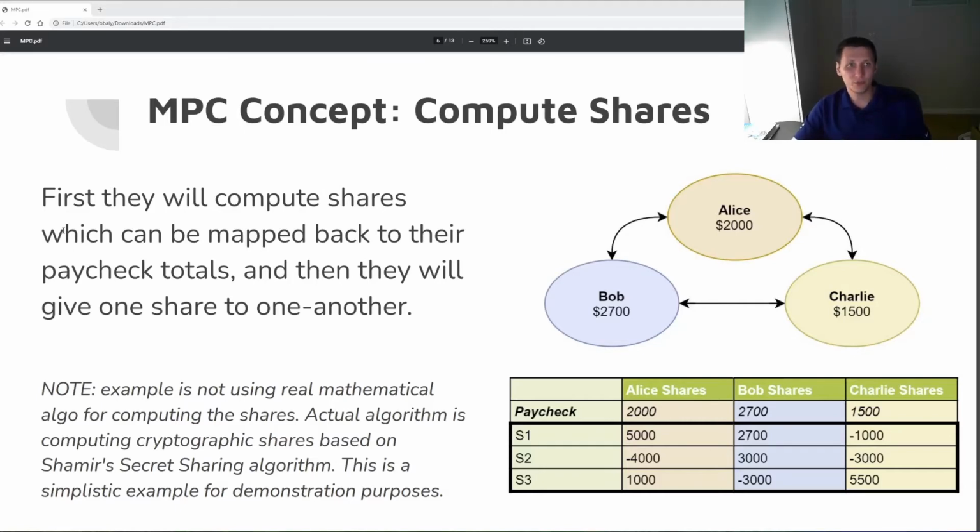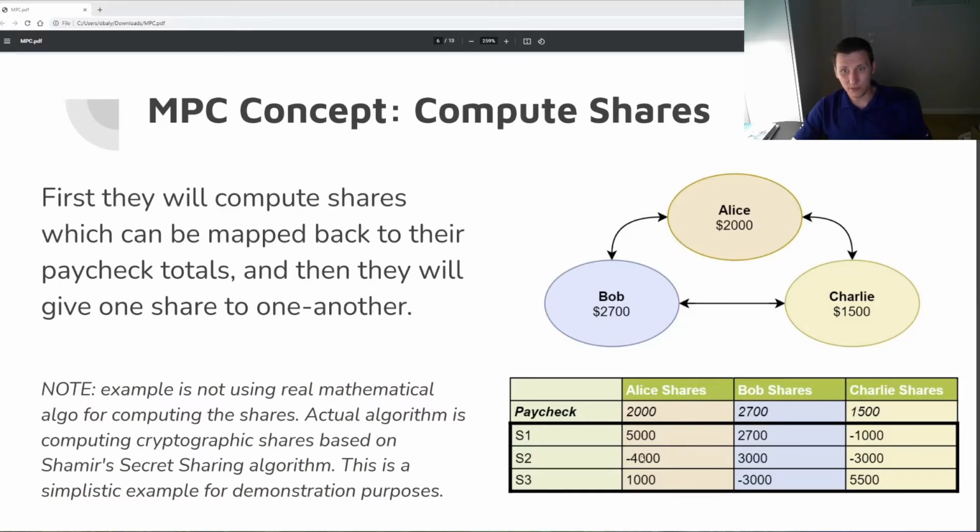The first step is for Alice, Bob, and Charlie to compute the shares and distribute those shares to one another. Let's take a look at the share generation. In the case of Alice, she makes $2,000. Three shares will be generated because there are three parties performing the computing. Alice's shares will be 5,000, minus 4,000, and 1,000.